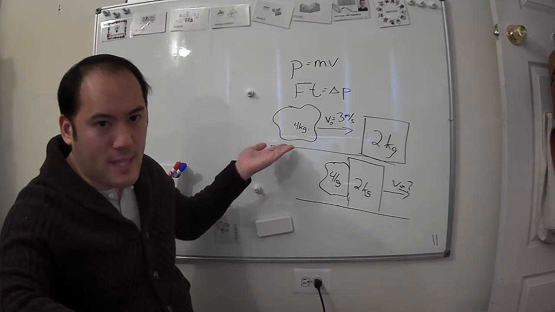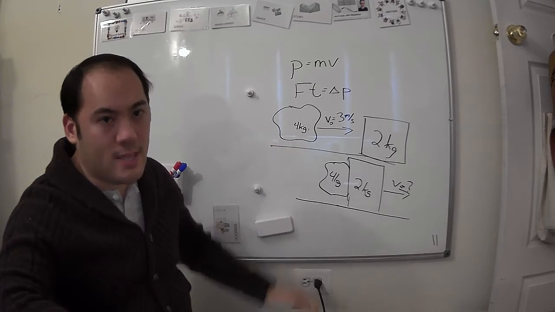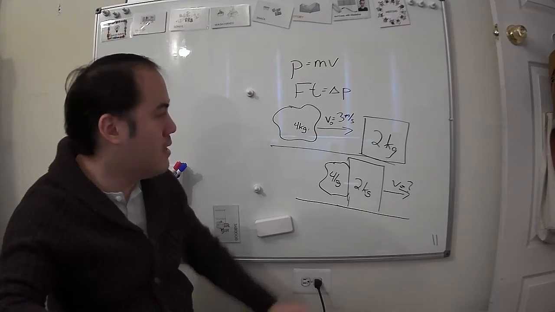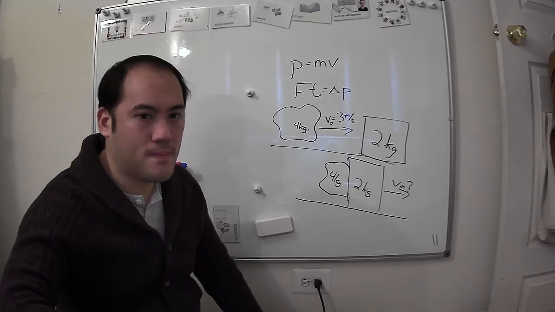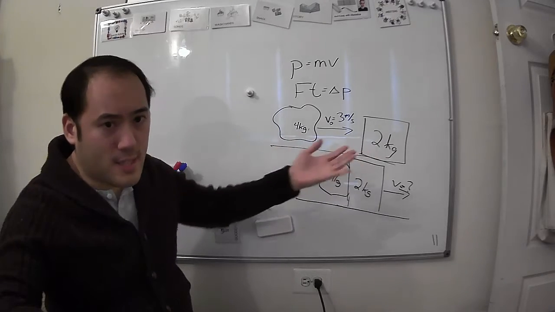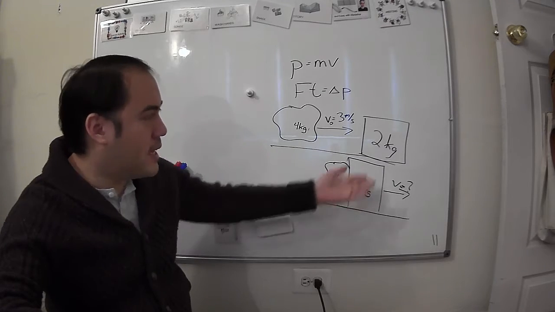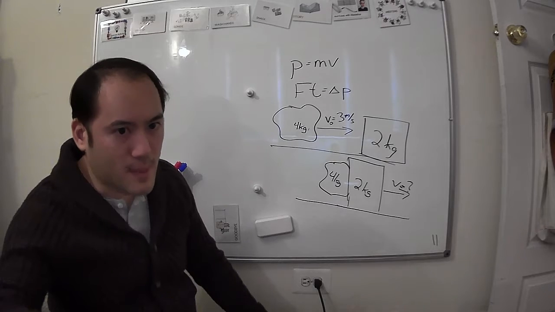Does the mass of the clay change? No. Does the momentum of the clay change? And also, new question, does the momentum of the ice change? Yeah. The clay hits the ice, it's going to slow down. But the ice, if it starts at rest and it starts moving, it's going to speed up.